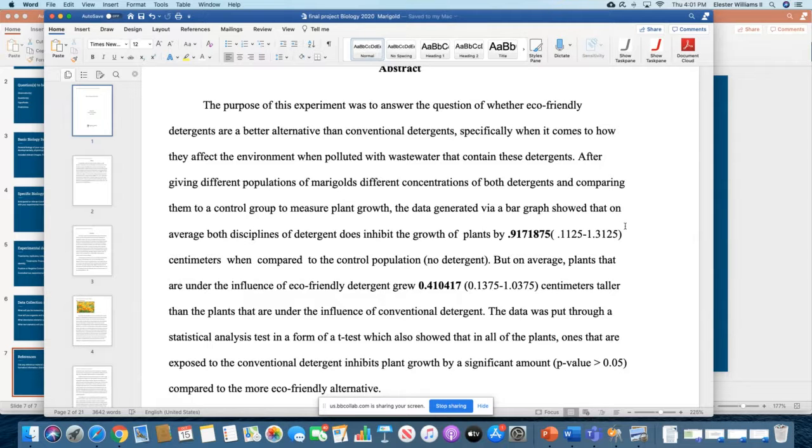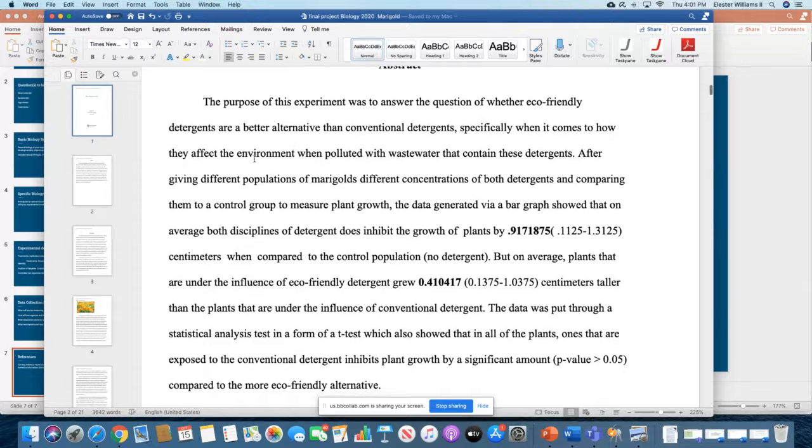So they specifically say the purpose of their experiment was to answer the question of whether eco-friendly or environmentally or ecologically friendly detergents are a better alternative than conventional detergents when it comes to how they affect the environment when polluted with wastewater that contains them.